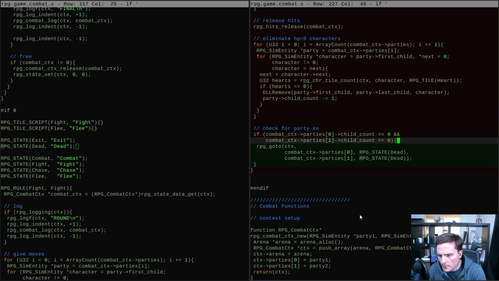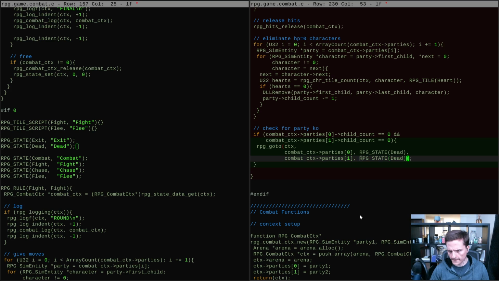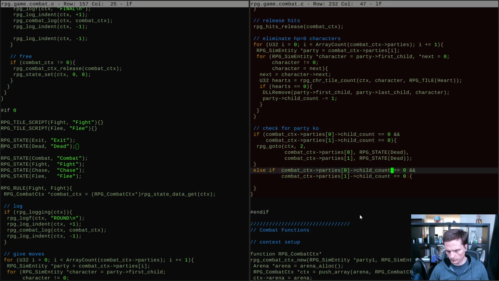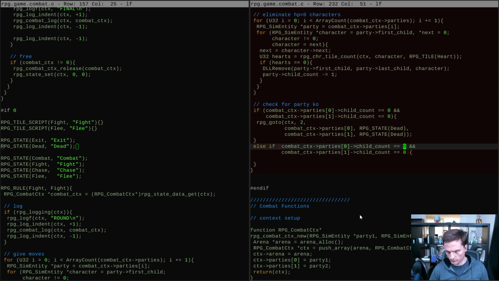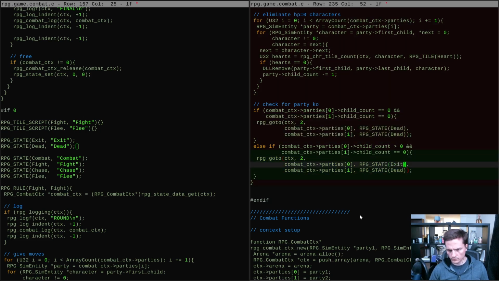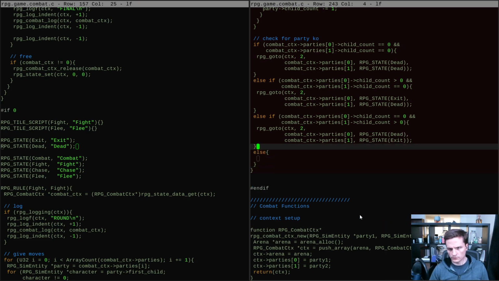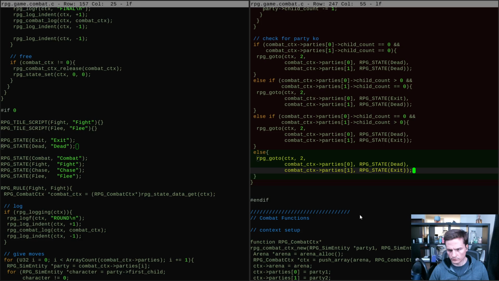So here, if both parties are dead, then we go to that state. And if they're both still alive, you go to combat on both.